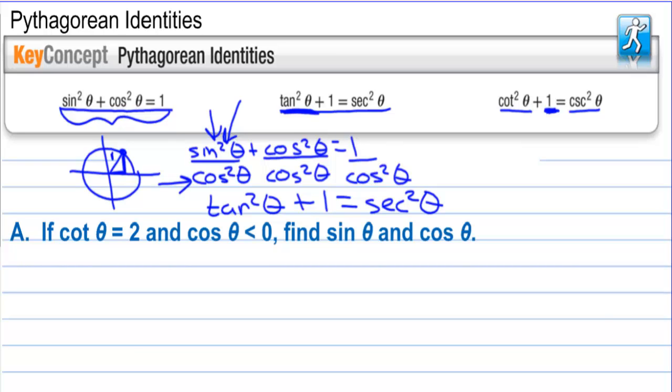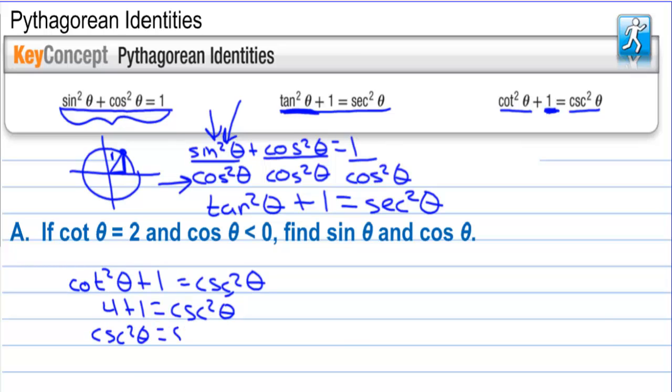A, if cotangent theta equals 2 and cosine is negative, or less than 0, find sine and cosine. Well, cotangent squared plus 1 is equal to cosecant squared theta. So we have 2 squared, which is 4, plus 1, is cosecant squared theta. And then we have cosecant squared theta is equal to 5.